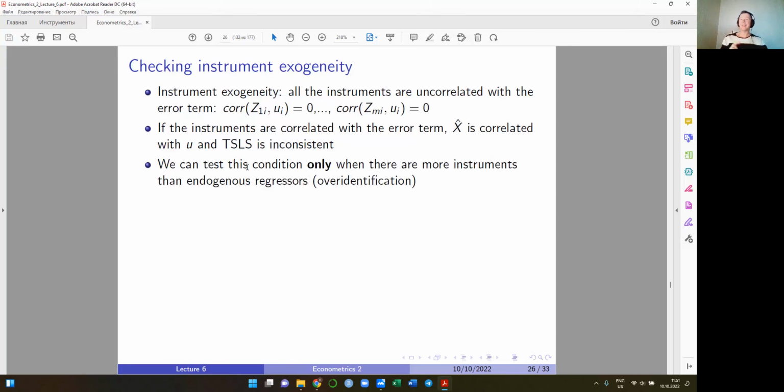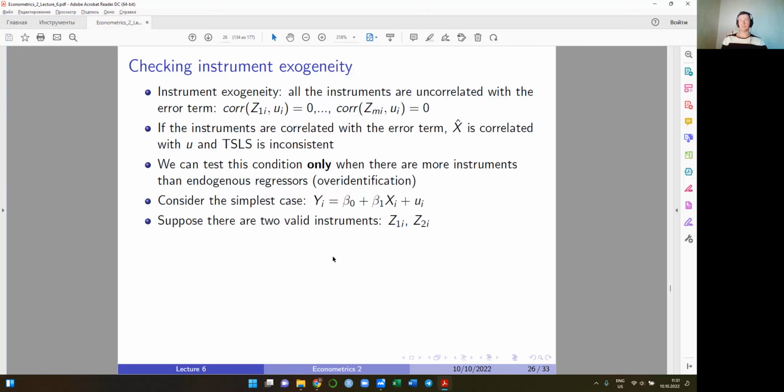And we can test this condition only in the case of over-identification, when we have more instruments than endogenous variables. If parameters are just identified, we just need to tell a story and justify this with the help of logic. Otherwise, if there is over-identification, we can do that.